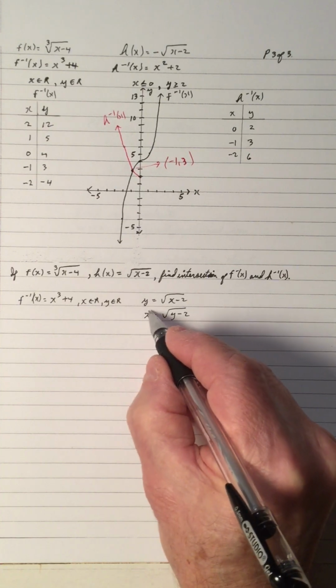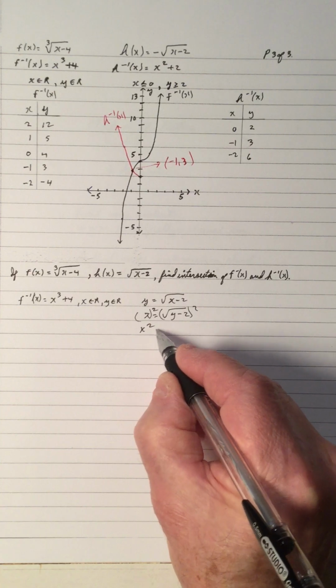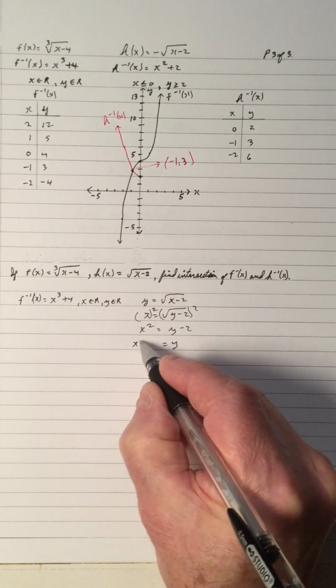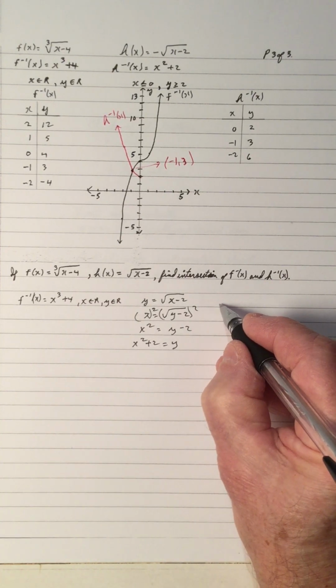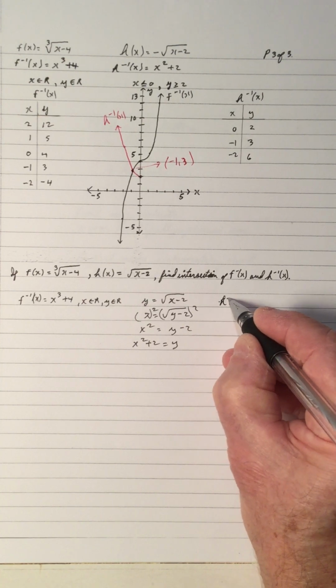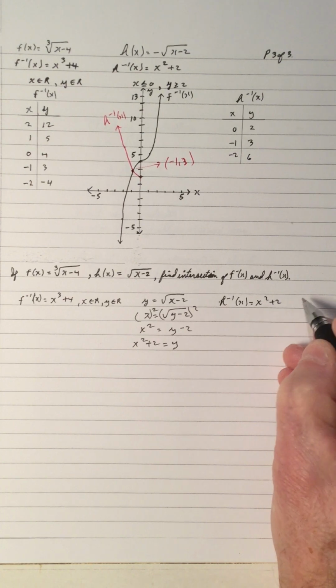We square both sides. X squared equals y minus 2. Y is equal to x squared plus 2. So the h to the negative 1 of x is x squared plus 2.